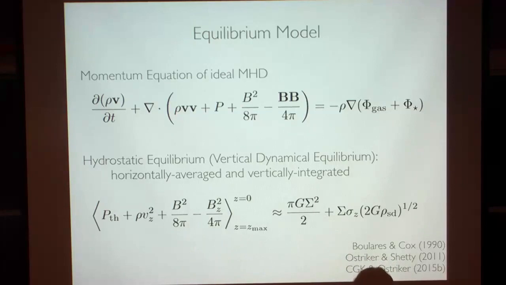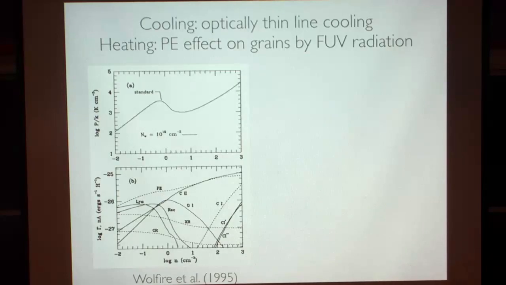So then we want to figure out how those pressure terms are provided by star formation feedback. First, let me talk a little bit about some details of the thermal pressure.